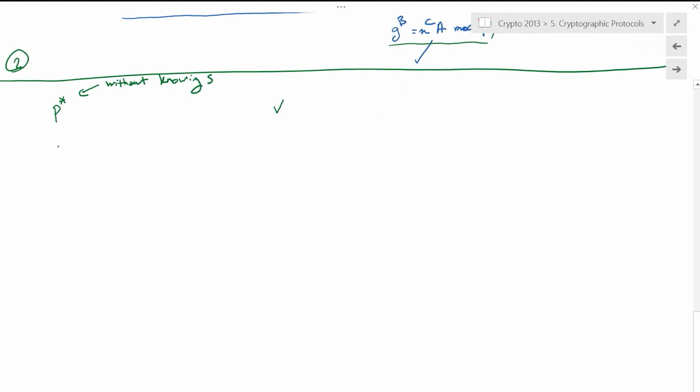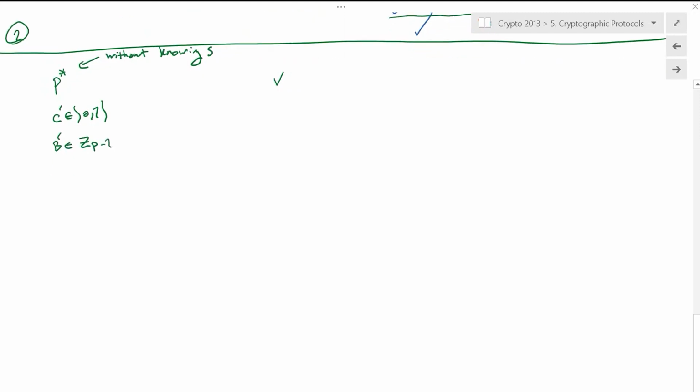The dishonest prover would start to guess what challenge he would receive from the verifier. So he would randomly choose a C prime from 0 or 1, and then he would also randomly decide a value for B prime from Z_{p-1}, and then he computes and sends A prime, which is G to the B prime divided by X to the C prime.